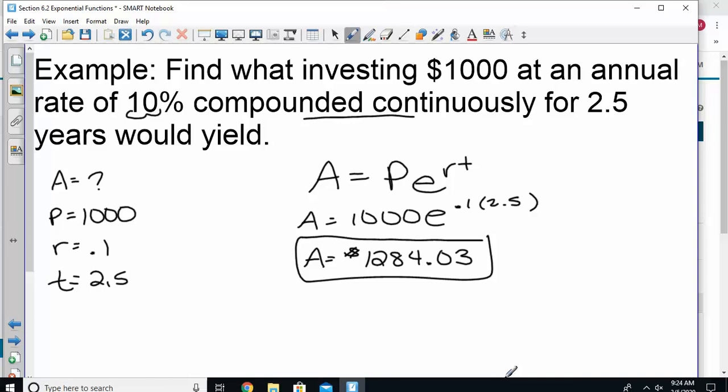Any questions on putting that in? You said e is like pi, and pi's number is 3.14. I just meant that e has an assigned number, if you want the actual number for e.